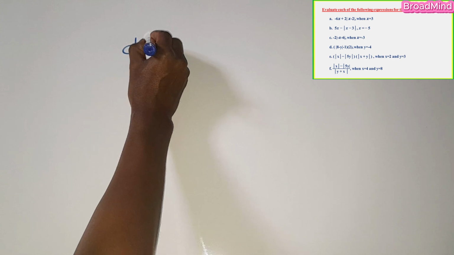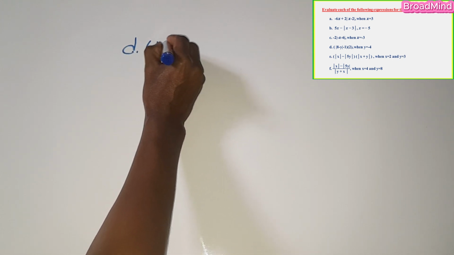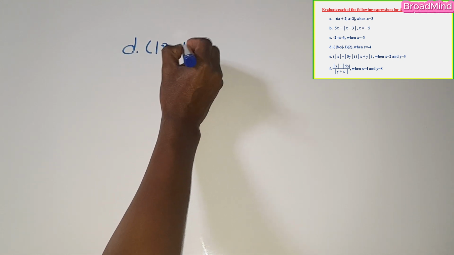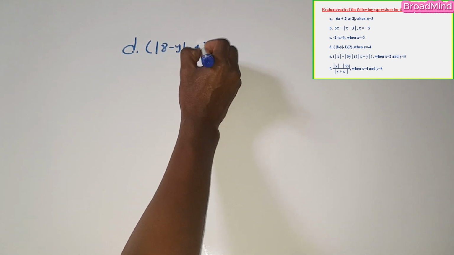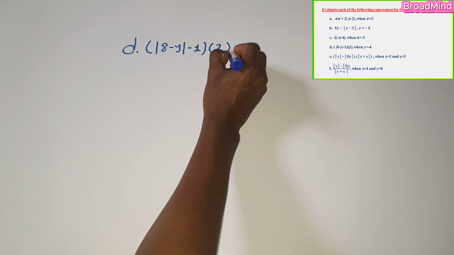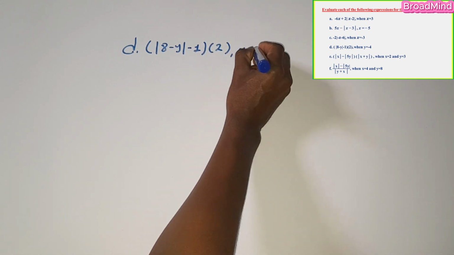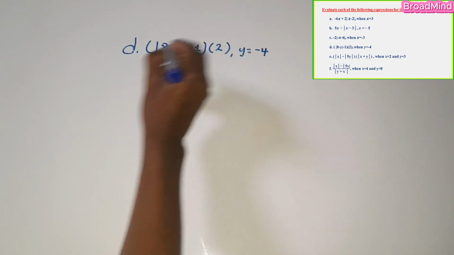D. In the bracket, absolute value of 8 minus y, minus 1, close the bracket, in the bracket 2, where y is equal to negative 4.